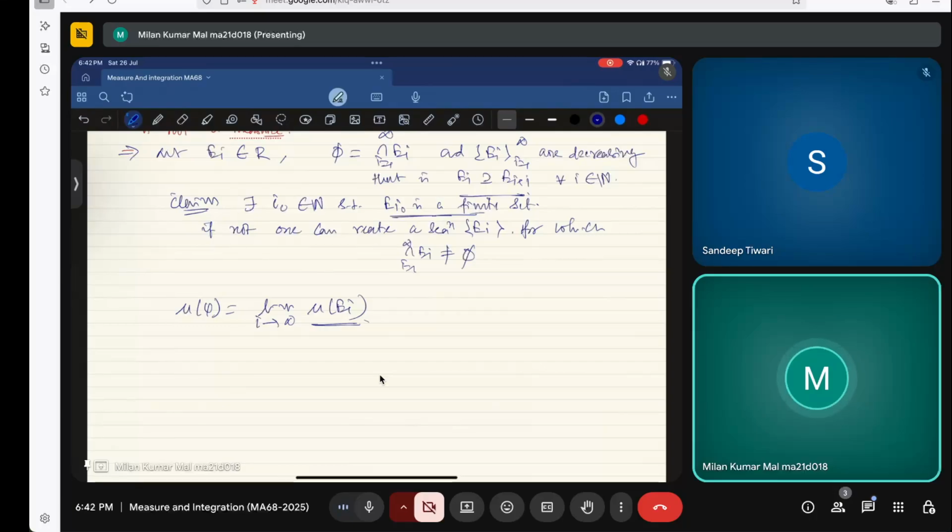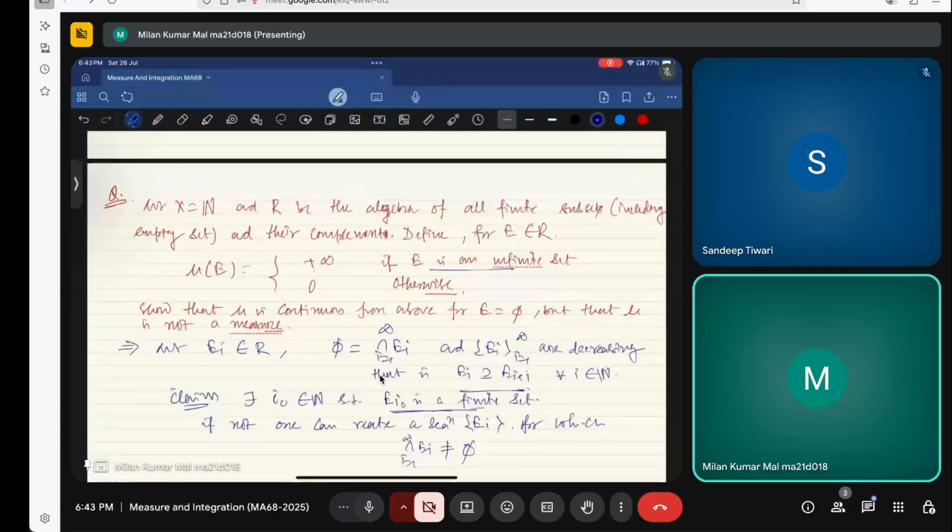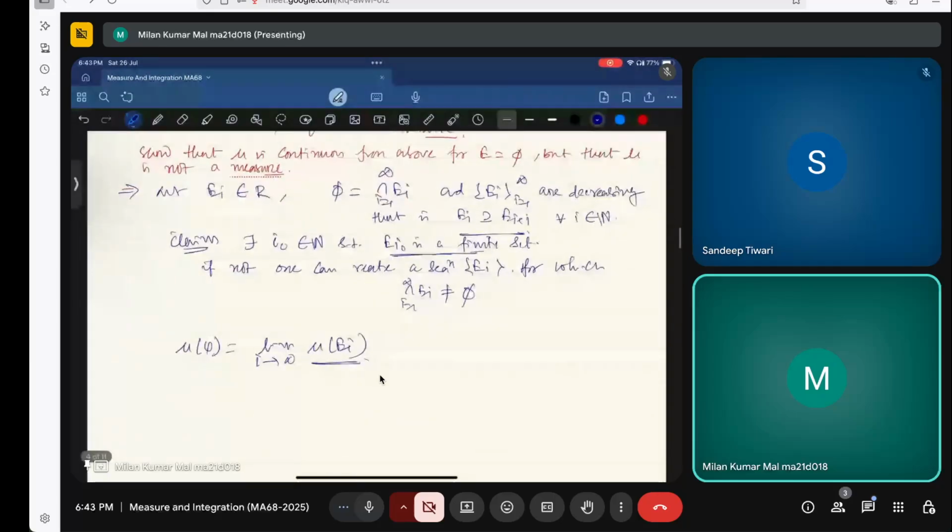But the main point is, if E_i is infinite, what problem can occur? If E_i is infinite, these being the subsets, then what problem can occur?